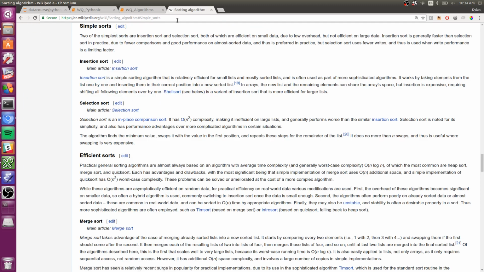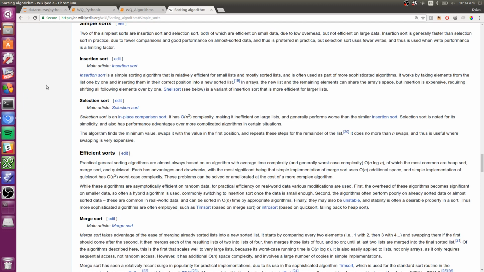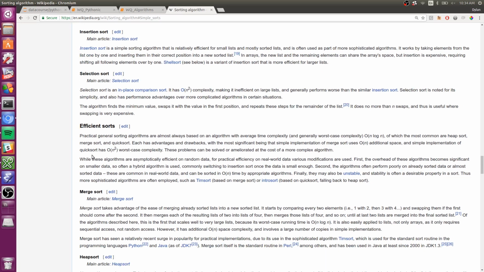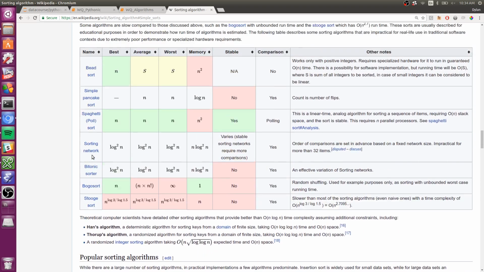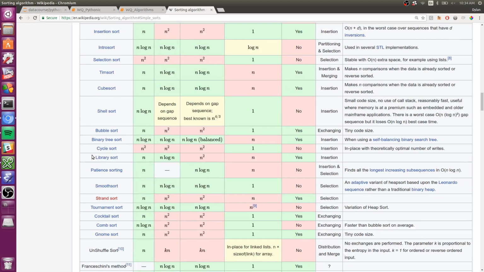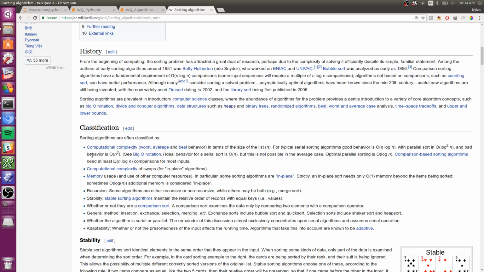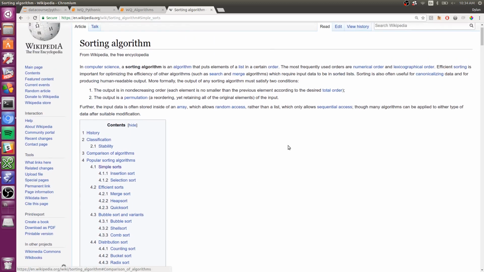Simple sorting algorithms that don't work very well in that they are slow. More efficient sorting algorithms. And there's a lot of actual mathematical theory that goes into these algorithms, which you will discover if you actually read through this page just on sorting.